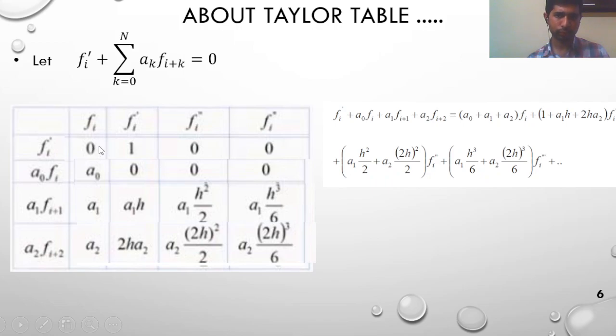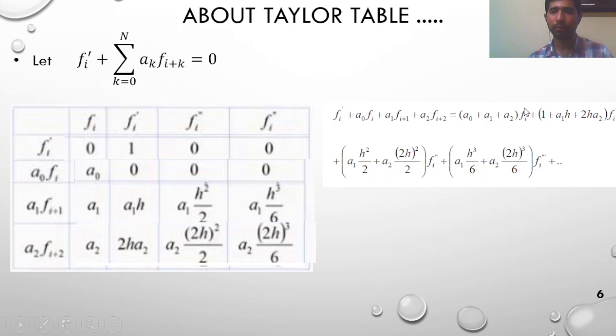That is, a naught plus a1 plus a2 according to the columns, these column elements into the head of the column, f of i. That is what I have done here, and then similarly for the second column, third column, fourth column. Then you will see that these things should go to 0 because the right hand side is 0.